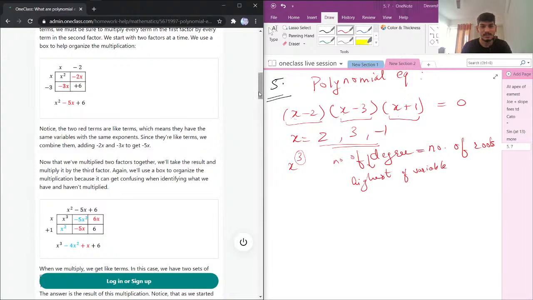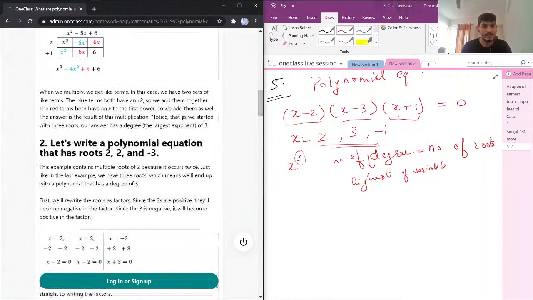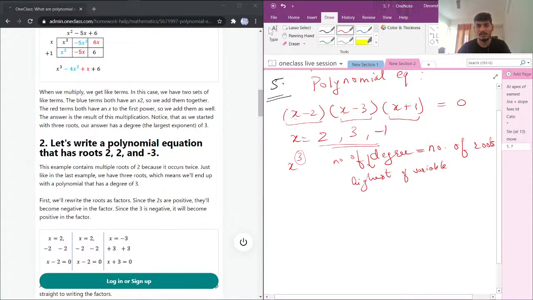Yeah, so this is the equation for this one. So for this whole term, we get x cubed minus 4x squared plus x plus 6.